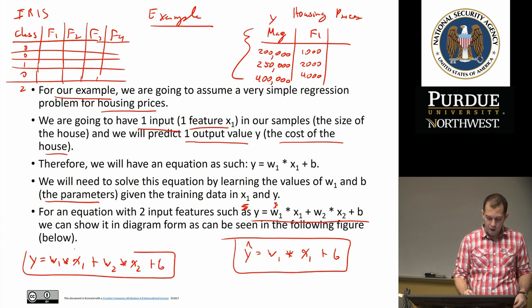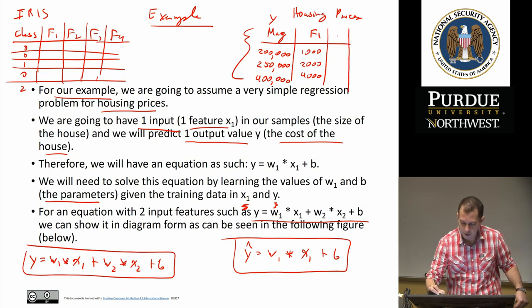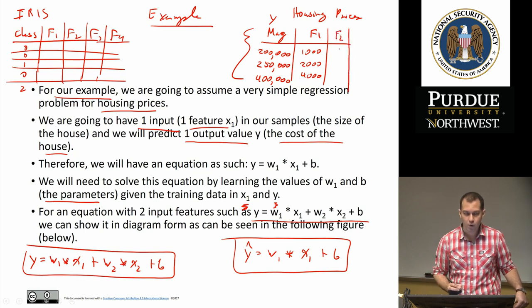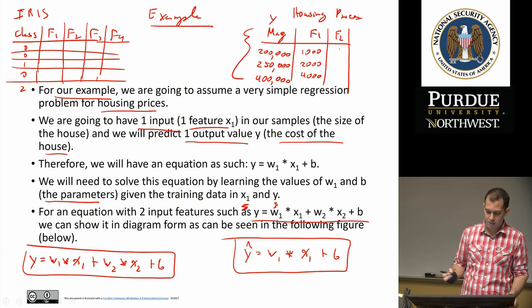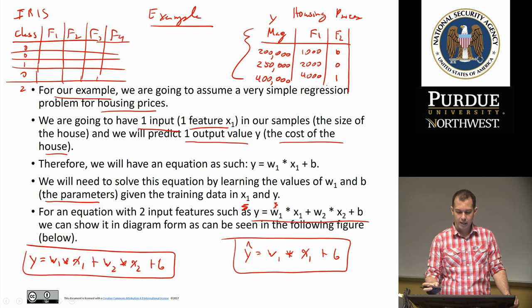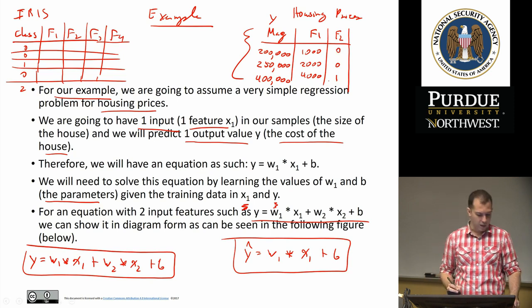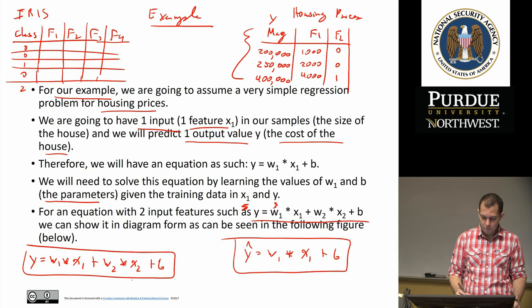This equation would mean that we have another feature over here, so let's say f2, and f2 represents, for instance, that the house is lakefront or something. So lake, no lake, lake. So we add a second feature, and now we have to represent that by adding a second term to the equation.